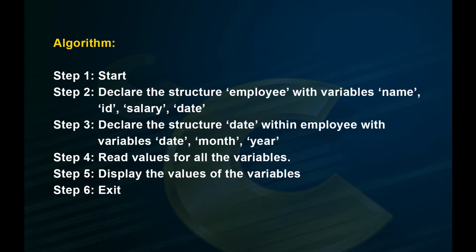Step 3, declare the structure date within employee with the variables day, month, year. Step 4, read values for all the variables. Step 5, display the values of the variables. Step 6, exit. Now, we can implement this algorithm into a C program.